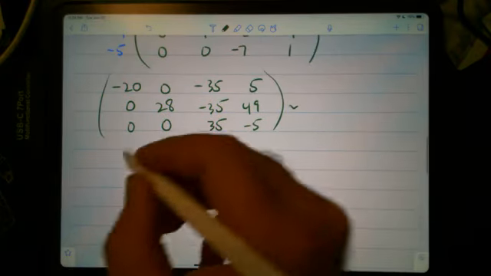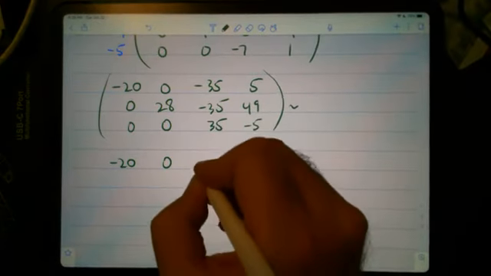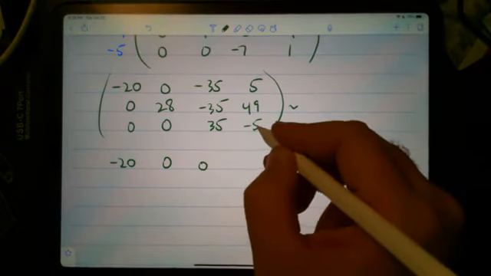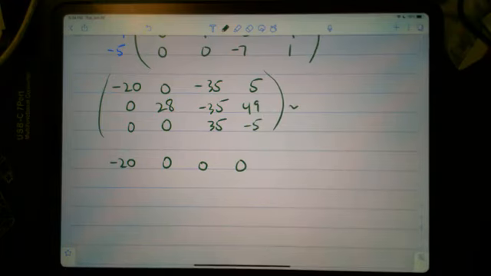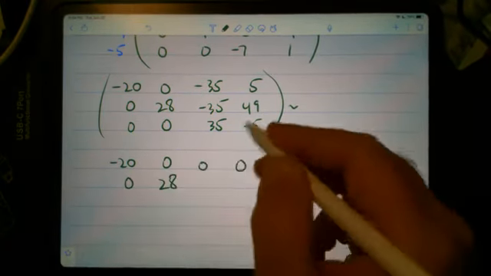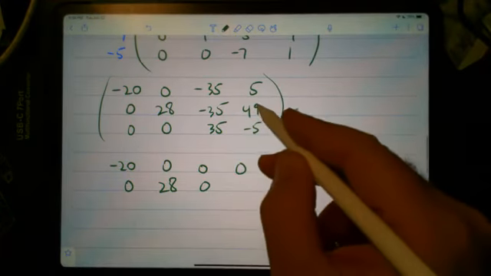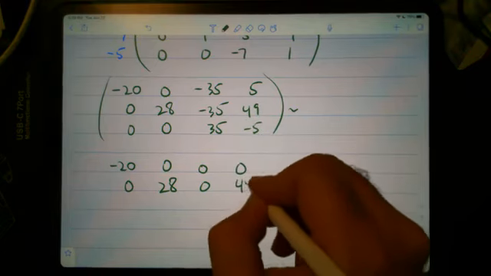So let's add row 3 to row 1. 35 minus 5 is 0. -5 plus 5 is 0. And then 35 minus 35 is 0. 49 minus 5 is 44.